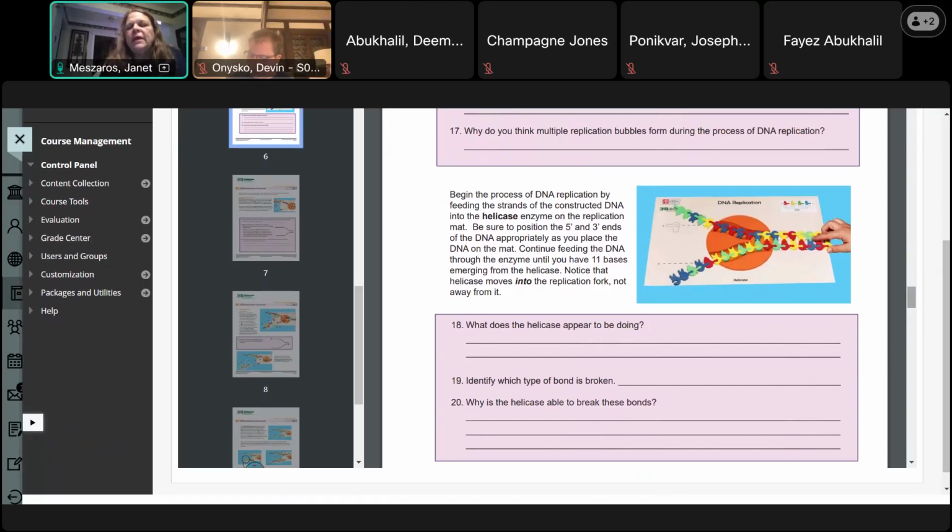Remember, we're breaking the bonds between the base pairs, and those are hydrogen bonds. Why is the helicase able to break these bonds? It's an enzyme. It's specific. Helicase is an enzyme, and remember, enzymes do specific things. It has the capability to do that. It's specific for breaking hydrogen bonds in DNA.